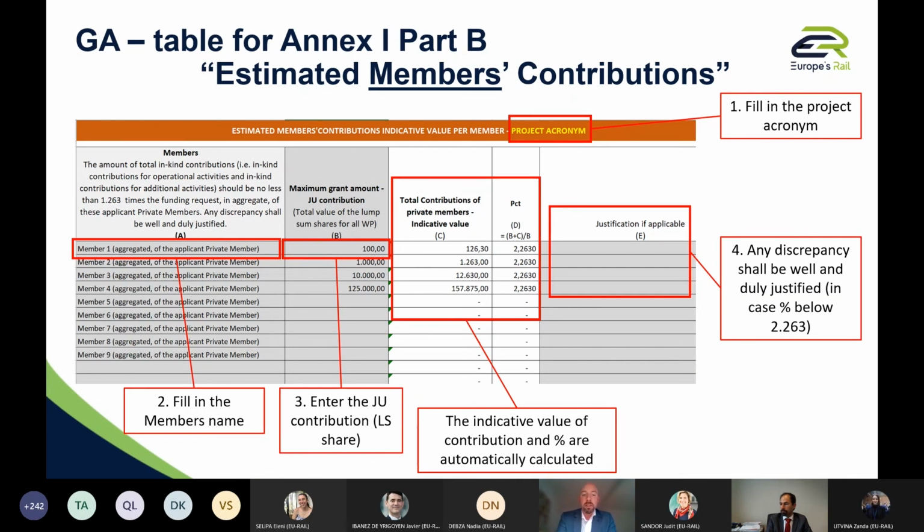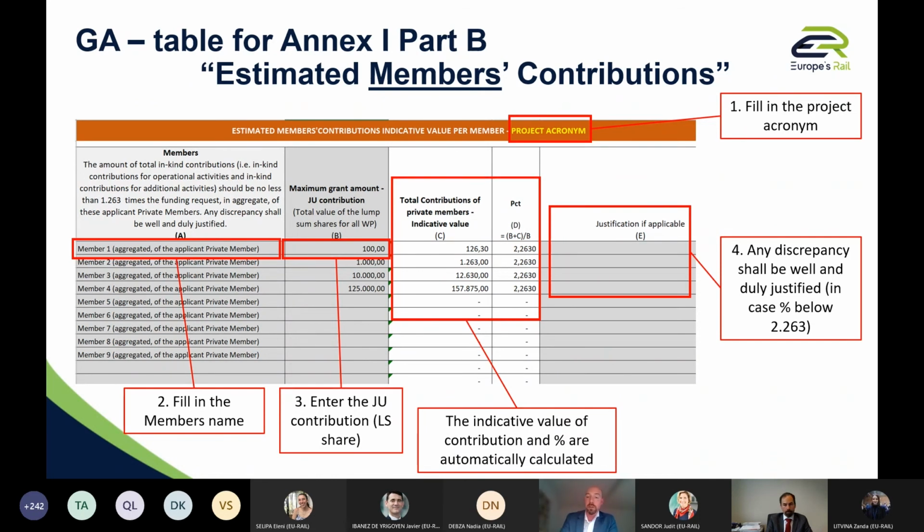And the idea here, of course, if we respect again the same threshold, if you enter that you participate to 100 in the grant agreement, if you fill in column B, so this is a copy paste again of the proposal lump sum share, automatically the system would propose what is the target for you to reach in terms of contribution. So C, the contribution, is IKOP, IK, all members together, the members, the affiliate entities, and so on.